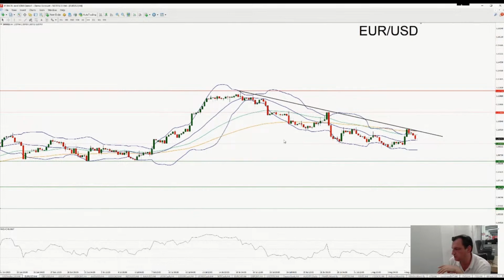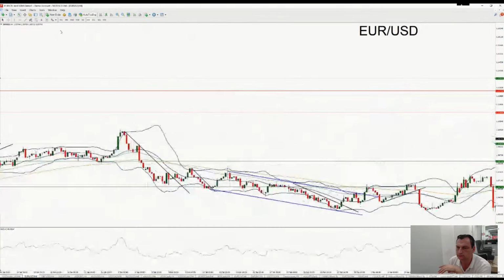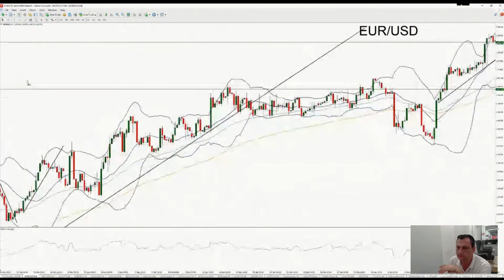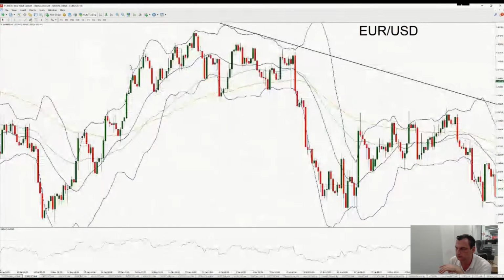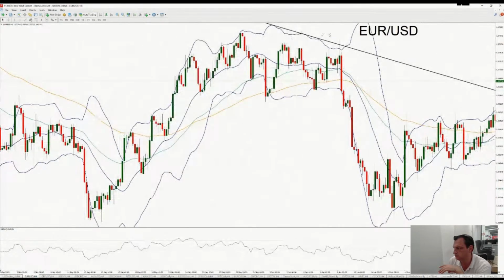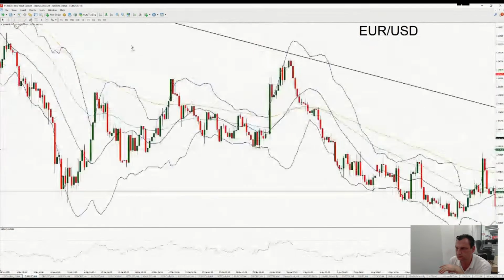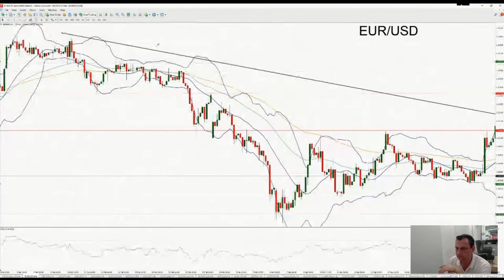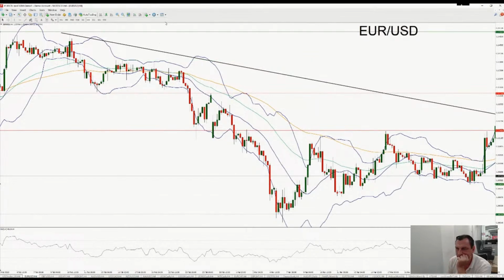Let's go hunting for a new ultimate resistance level. Here you go. Could go even a bit higher, in my opinion. I would go all the way up.